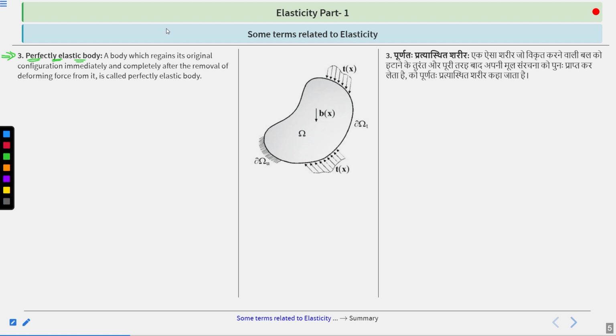But once you release the pressure, immediately the original configuration will be taken by the rubber band. That's why we call the rubber band a perfectly elastic body. Why? Because it has the ability to regain its original configuration immediately and completely after the removal of the deforming force.